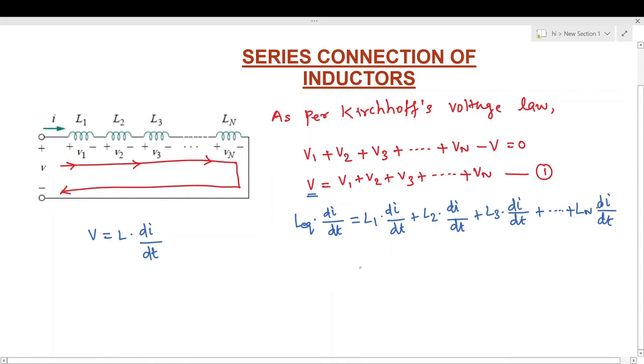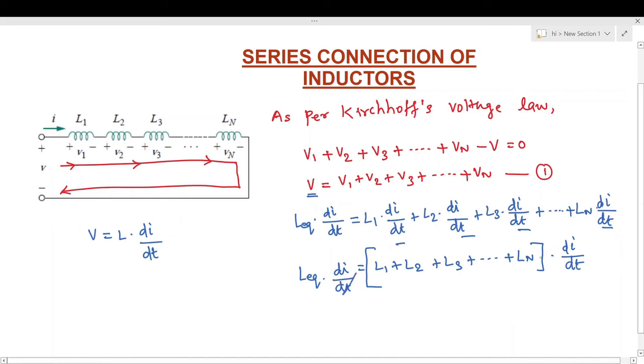Now we can take the common value in all terms outside of the bracket, so L1 plus L2 plus L3 and up to Ln, into di by dt. The left hand side of this equation we can write as it is, L equivalent into di by dt.